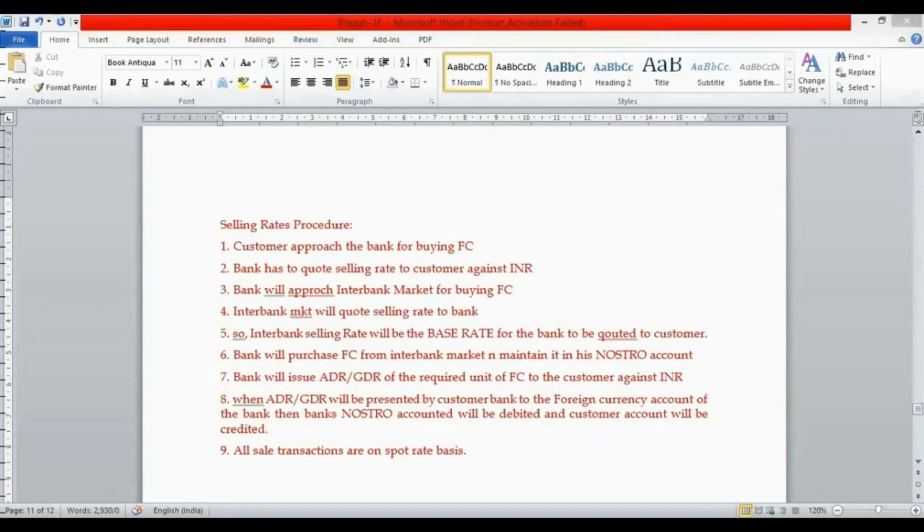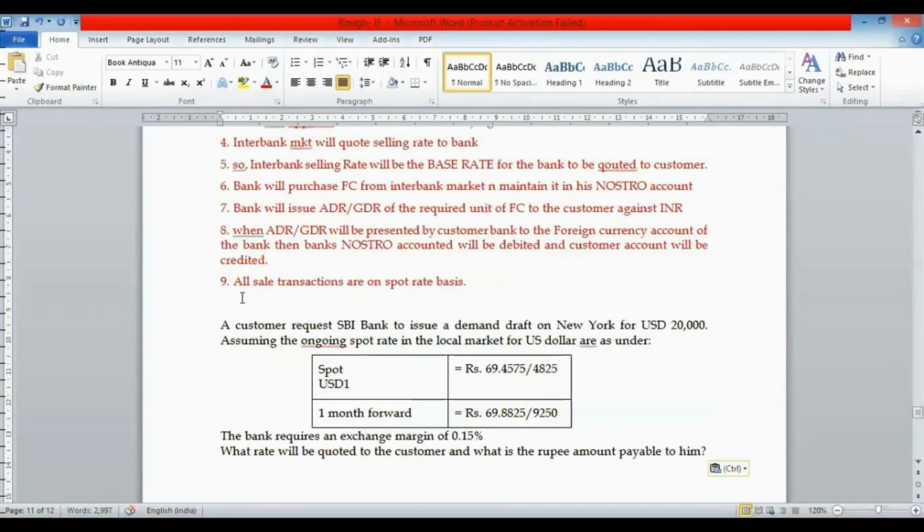Now here you get the problem. Suppose this is the question which has been given to you. A customer requests SBI Bank to issue a demand draft on New York for USD 20,000, assuming the ongoing spot rates in the local market for US dollar are as under.